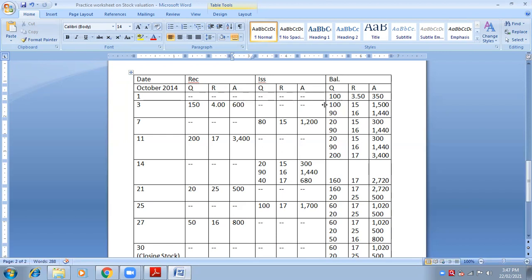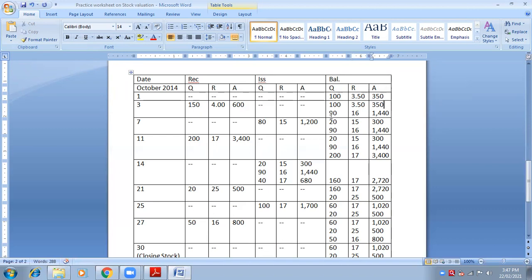So here in the balance column, what do I need to do? First in, first out. So balance also, 100 units. In the column of balance also, I need to write first, whatever there was first stock has to be recorded first. So 100, 3.50, and the amount is 350.